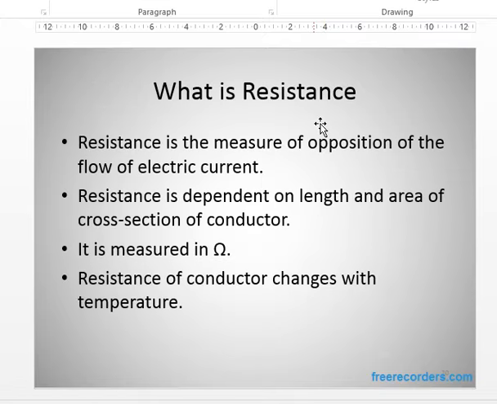What is resistance? How do we limit the current? Resistance is a measure of opposition to the flow of current. Resistance depends on the length and on the cross-section area of the conductor. Resistance is measured in ohm. So here we learn what resistance is.